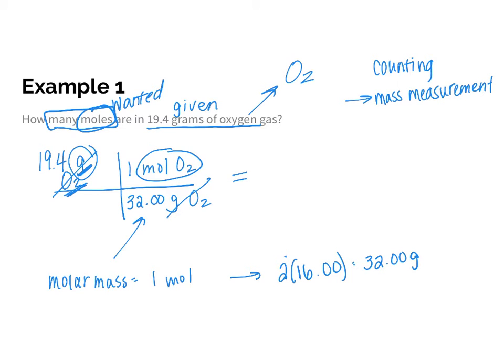Keep in mind you're going to multiply the top and divide by the bottom. So when I plug this into my calculator, I would type in 19.4 times 1 divided by 32, and I get 0.606, and my unit that I have left is moles of oxygen.